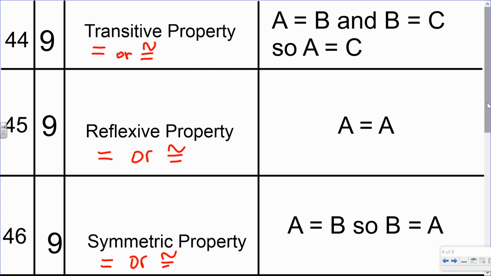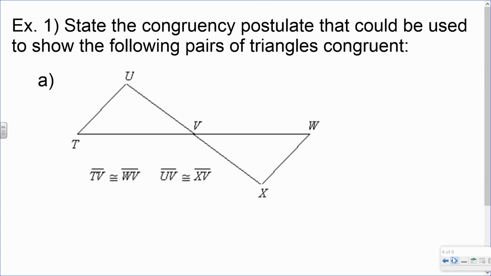Okay, the next ones we're just going to figure out, are the triangles congruent and for which reason? We're not going to do the proof. We'll only do one proof on the last slide today. So, state the congruency postulate that could be used to show that the following pairs of triangles are congruent. So, we'd copy this down so that we can actually mark congruent things on our papers, since we don't mark that in the book.